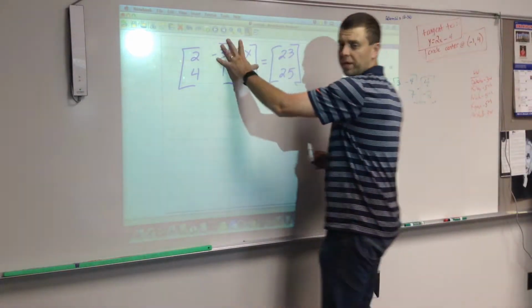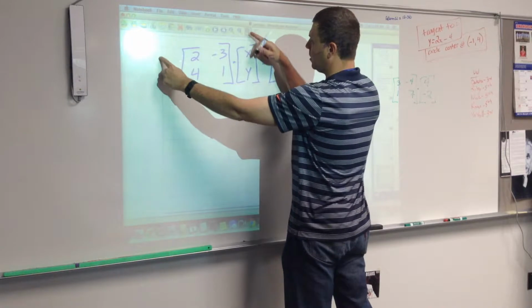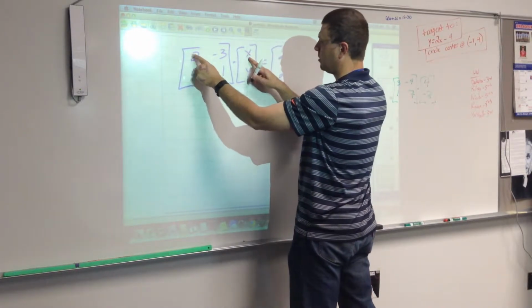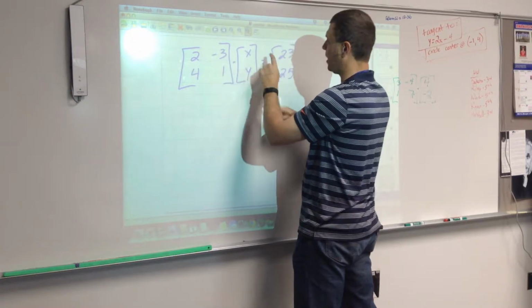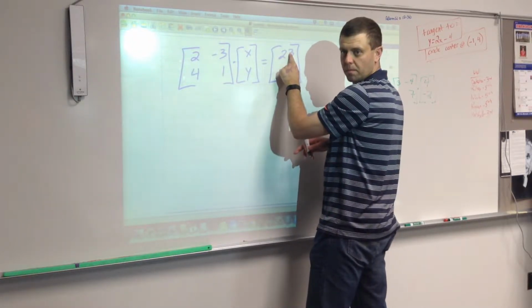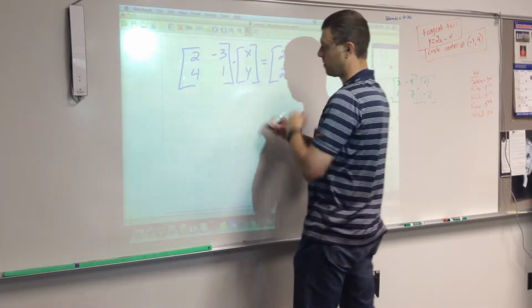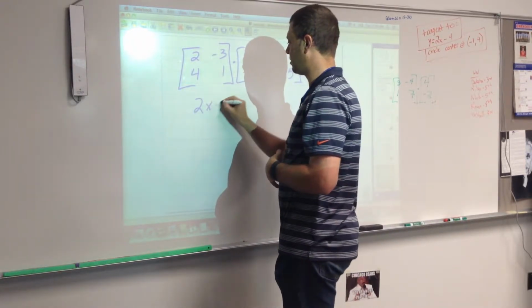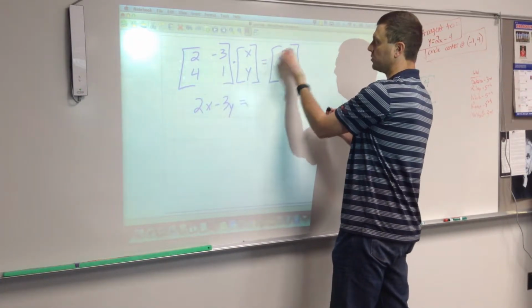Go and multiply these two matrices together. I'm going to go across the row, down the column, right? So 2x minus 3y has to equal 23. You with me? 2x minus 3y, we know now that equals 23.